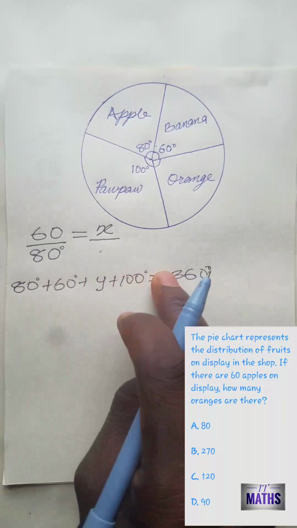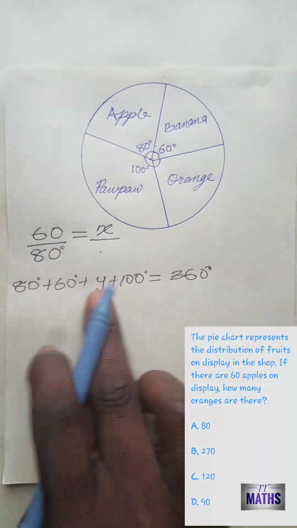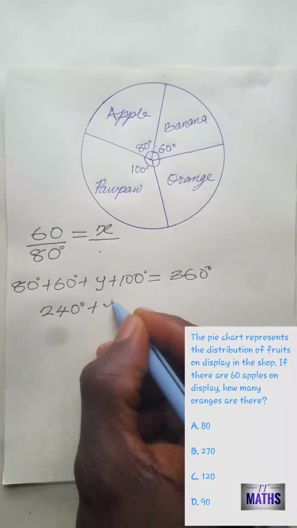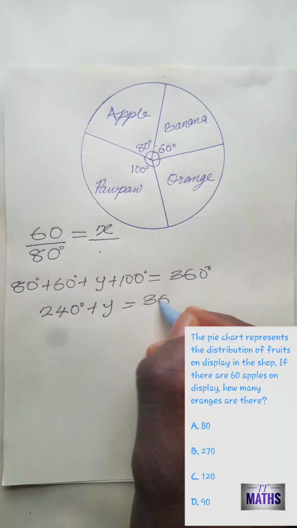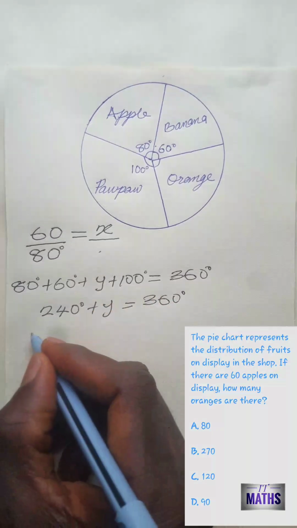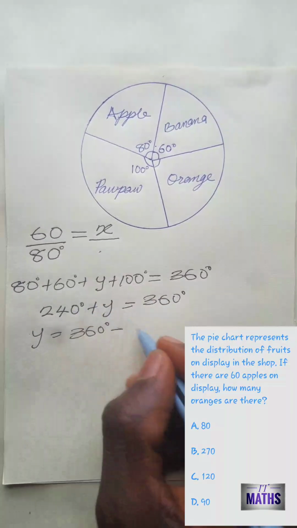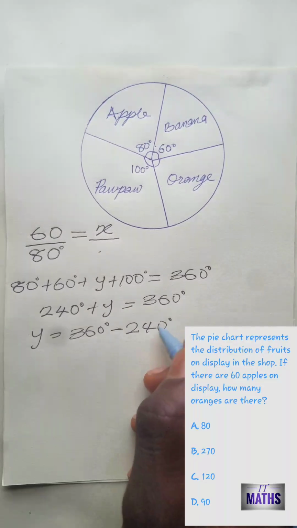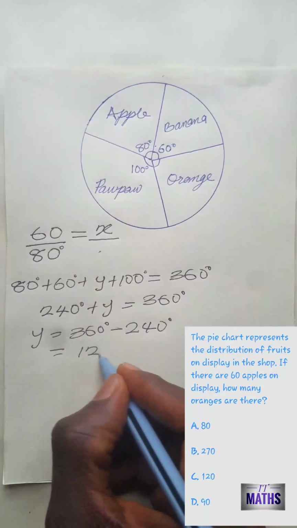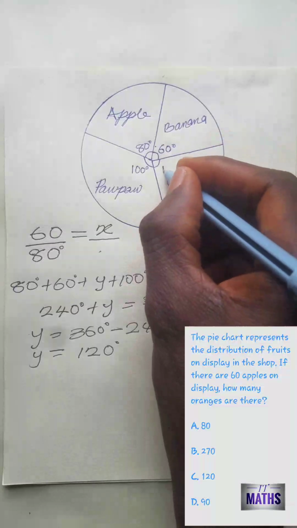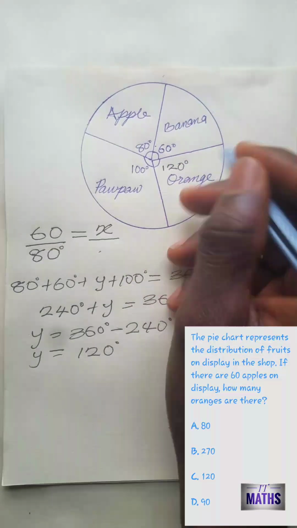Now let's add all these. If you add all these, you're going to have 240 degrees plus y is going to give you 360 degrees. Now y is what? 360 degrees minus 240 degrees, and that is what? 120 degrees. That is the size of this angle, 120 degrees.